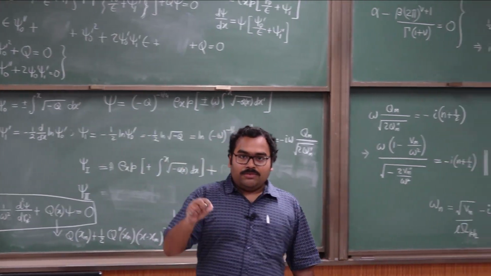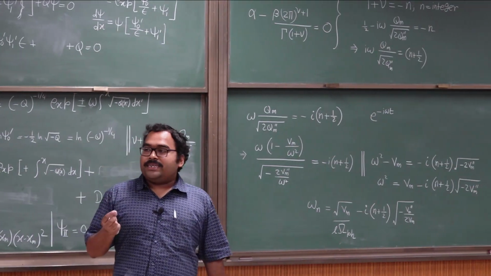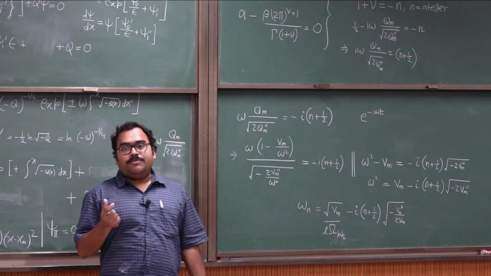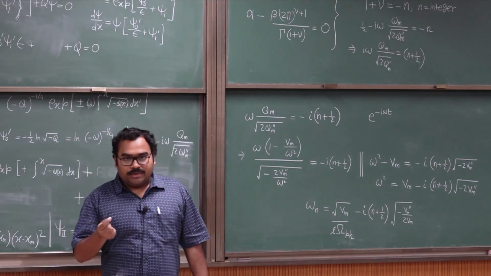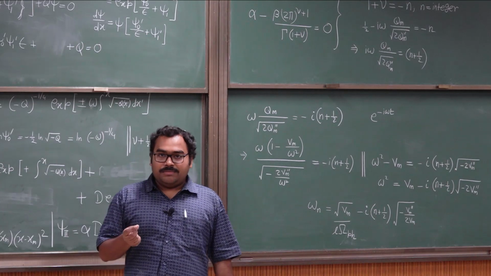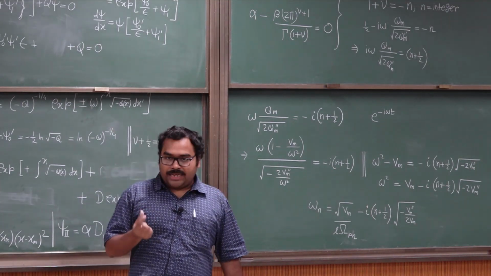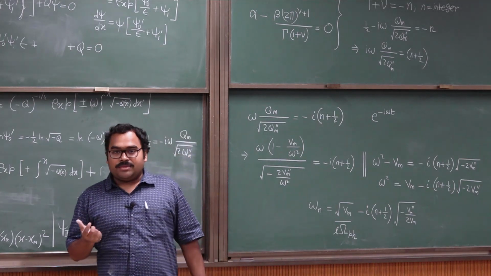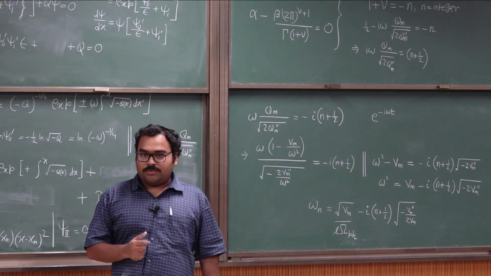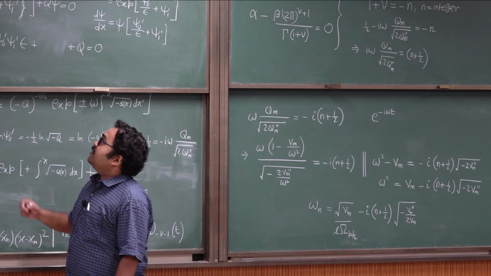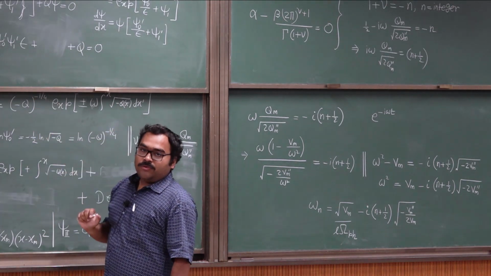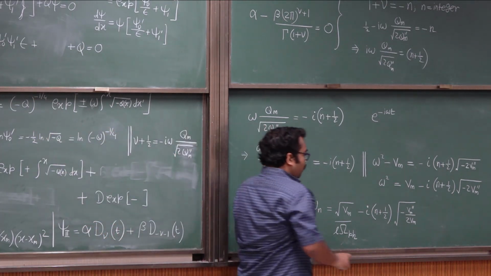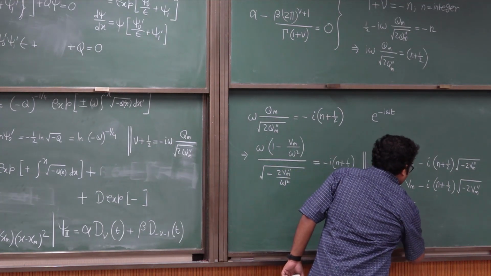Now the rate at which it falls down is what is characterized by something called the Lyapunov exponent. Because whenever you have some system which is unstable, there is a characteristic time scale over which this instability grows, and that characteristic time scale is what is called the Lyapunov exponent. You can compute the same Lyapunov exponent for the photon sphere, and you can show that it is the same as this.